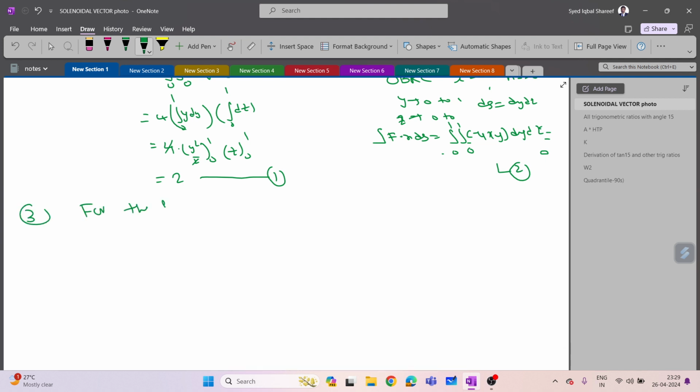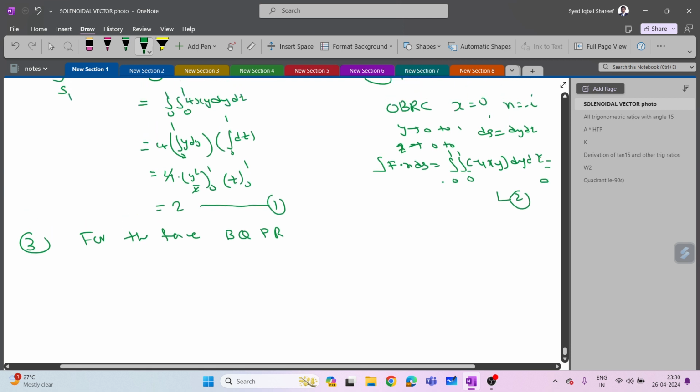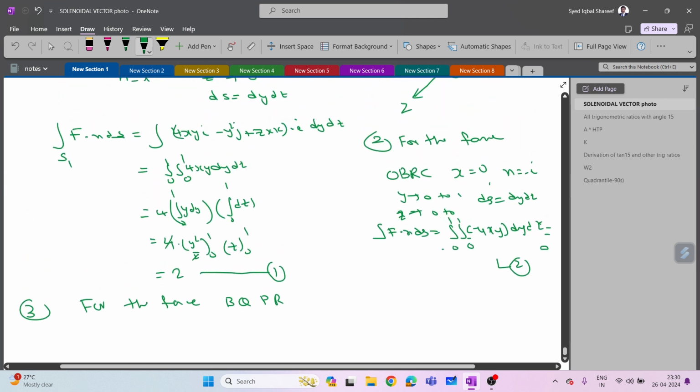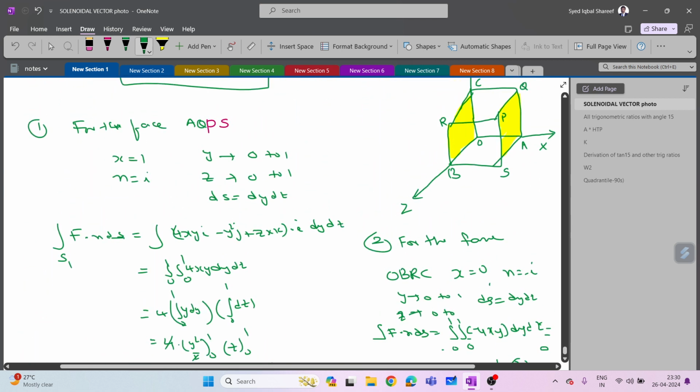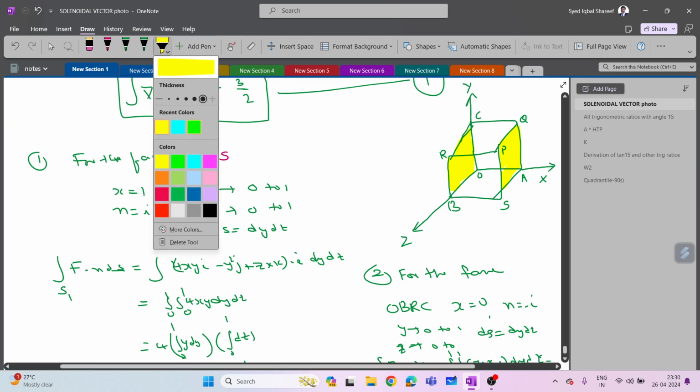Now for the phase 3, for the phase BQPR. See here, don't get confused. It's very simple. You see BQPR, this is the phase.